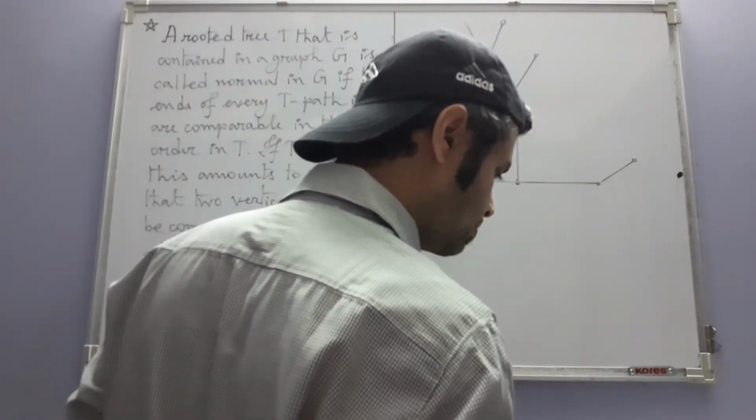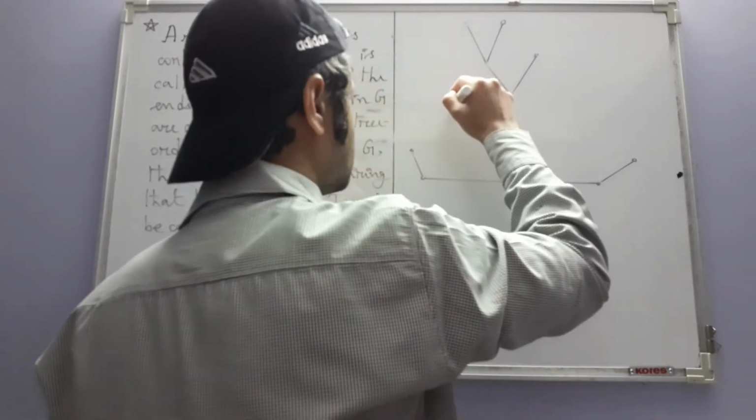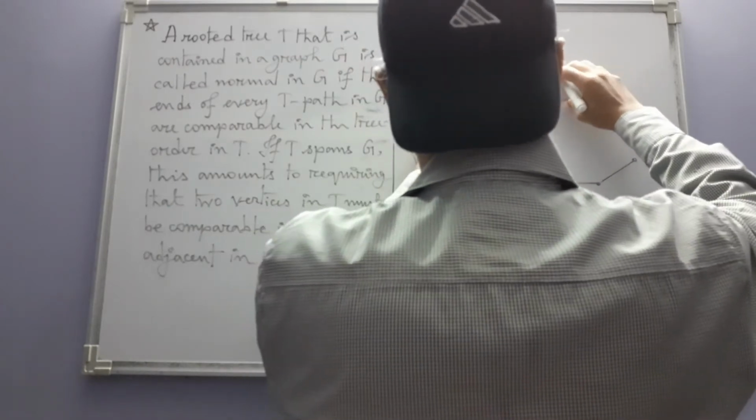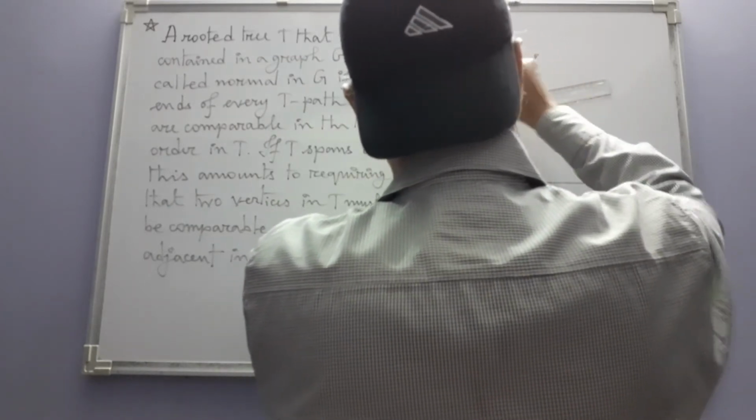Then we have two vertices here and they are linked like this.